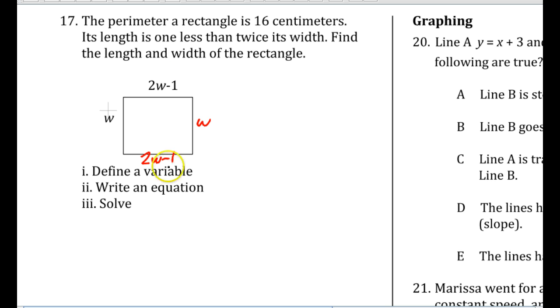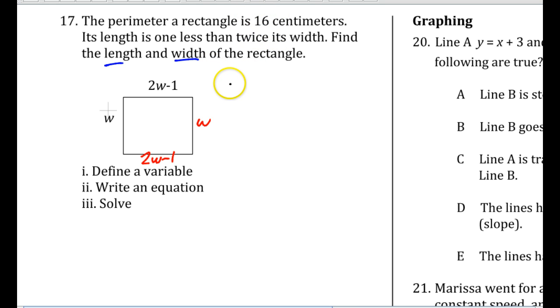The opposite sides are always equal to each other. Okay, so we know the perimeter of this rectangle is 16. So much like the last problem, after we find the length and the width, we can plug them in, and when we add all these sides, they better add up to 16.